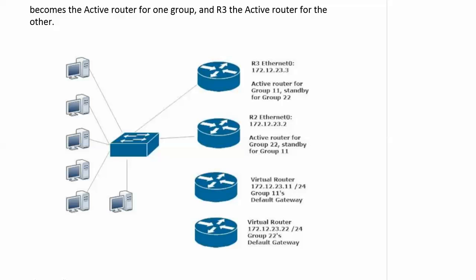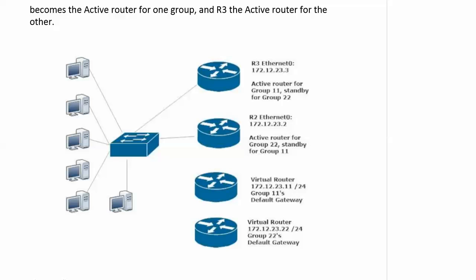Well, what you could do here is create multiple HSRP groups. And what I've done with the config I'm going to show you in a moment is router 2, I've made it the standby for group 11, but the active router for group 22. Then router 3, I've made the active for group 11 and the standby for group 22.